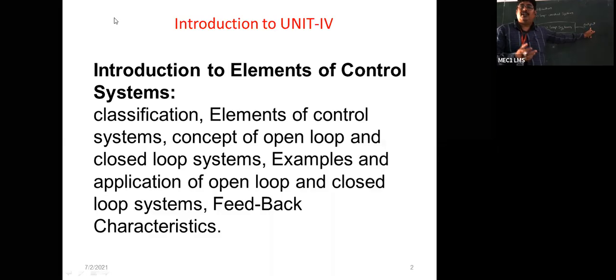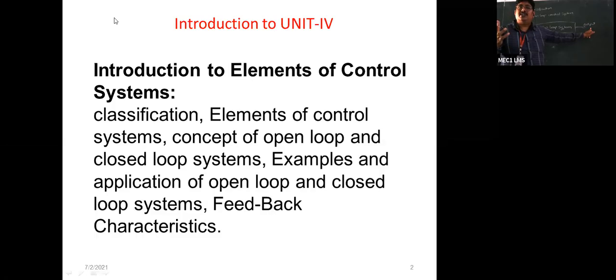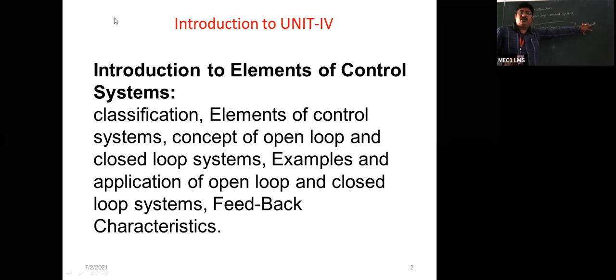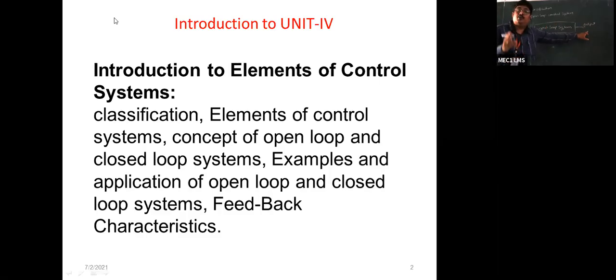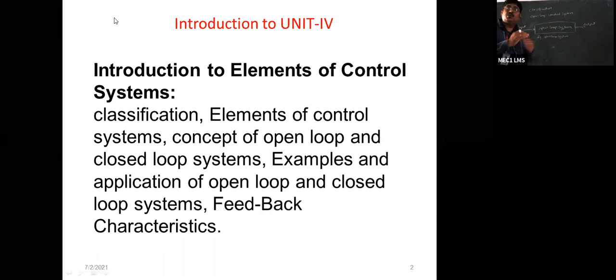So the output we are getting is not the desired output. Here the output is not affecting the input, but the output variable is varying by varying the input. So now you got the idea, right?